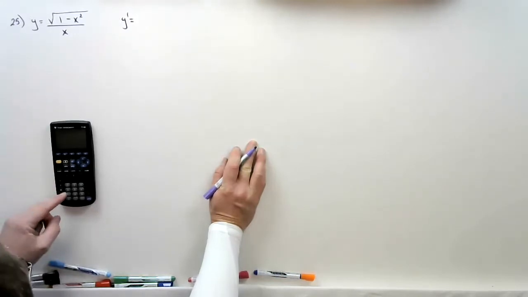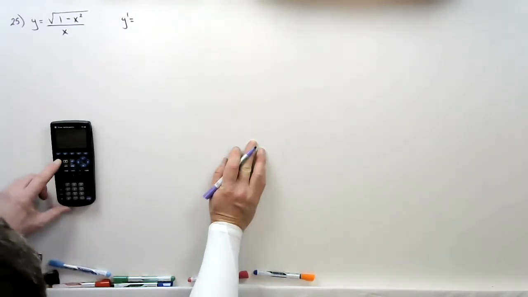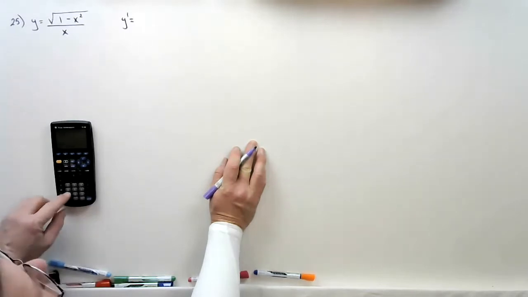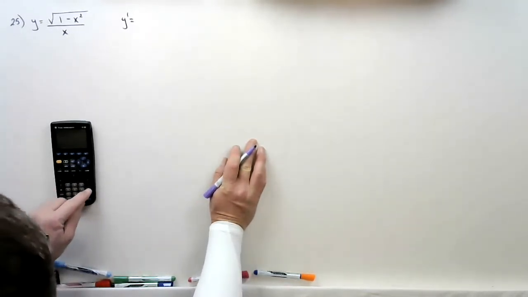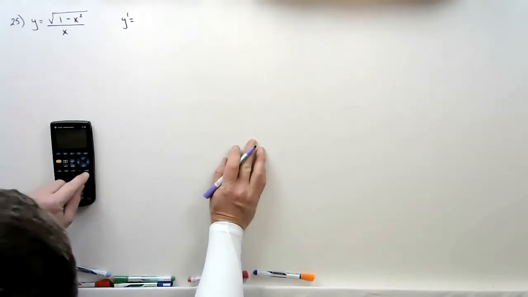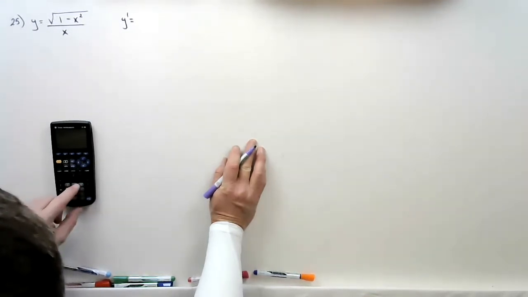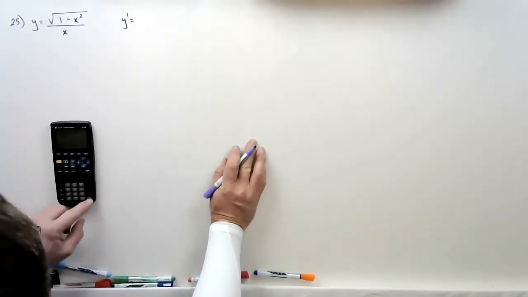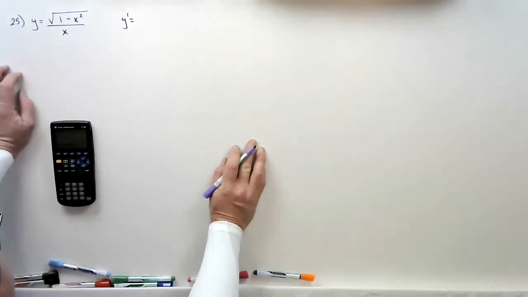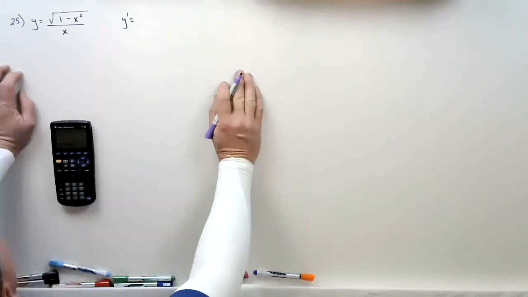So I have a numerator of the square root of 1 minus x squared divided by, and my denominator is x, then I put in comma x, and I get this.